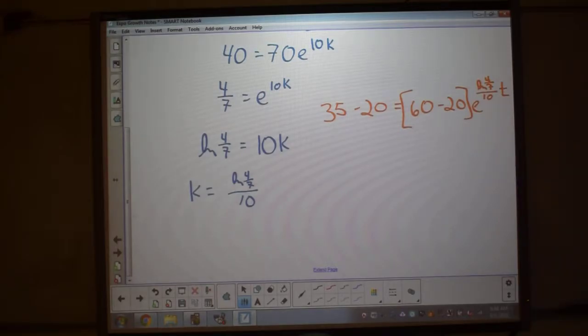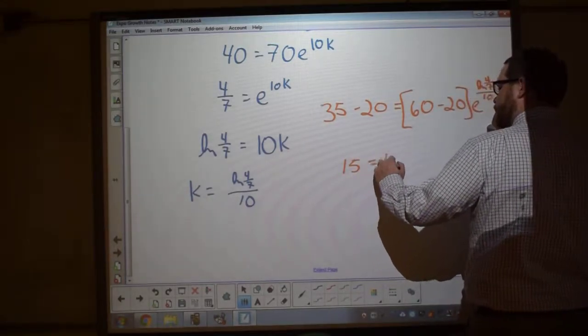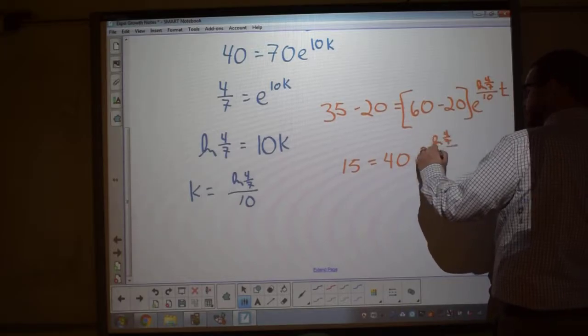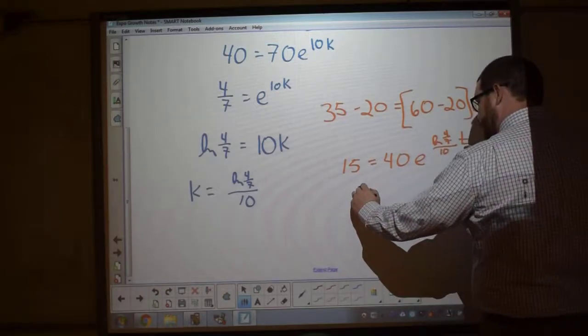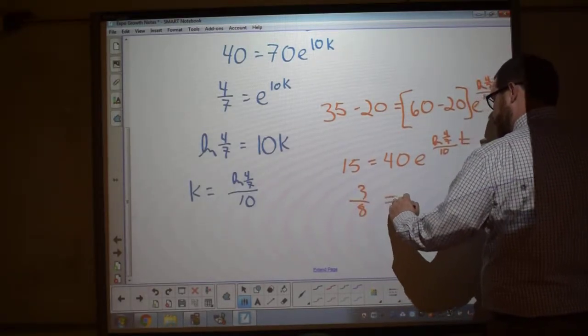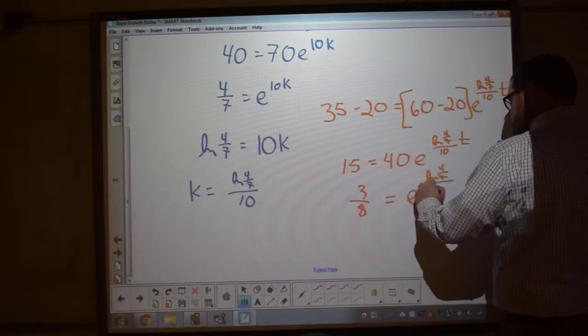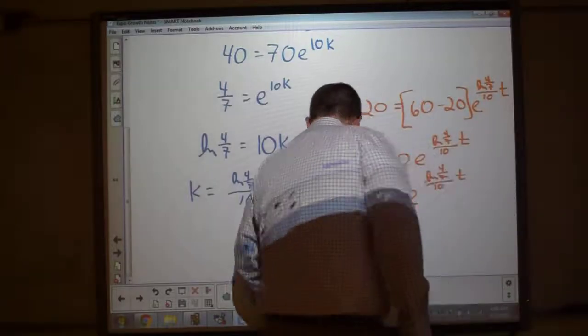There's only one variable here, so I can solve for it. Let's clean this up. 15 equals 40 e to the natural log of 4/7 over 10 t. A little bit more work will show you that 3/8 equals e to the natural log of 4/7 over 10 t. Let's take a natural log of both sides.